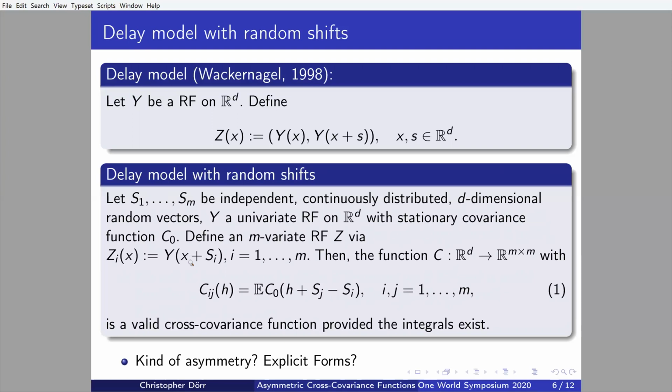The resulting cross-covariance function then looks like this, provided that the integrals exist. This resembles the so-called kernel convolution method on secondary diagonals, although the construction mechanisms and the underlying assumptions are different. We can, of course, include some scaling factors and some error terms here, but for our purposes here, it is sufficient to look at this construction.